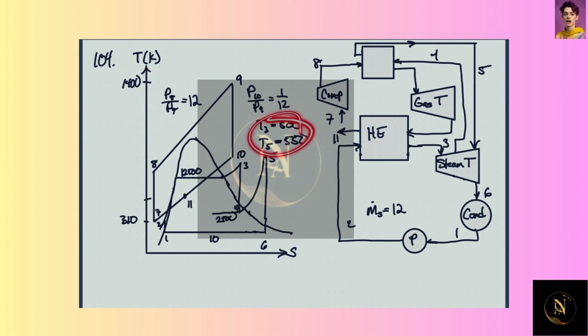These are degrees C. High pressure side of the steam cycle, we have 12.5 megapascals. The reheat pressure is 2.5 megapascals, and the condenser pressure is 10 kilopascals. We're given a mass flow rate of steam of 12 kilograms per second. So that's, I think, everything we can talk about there.